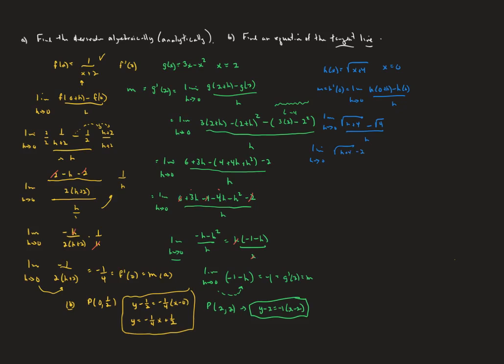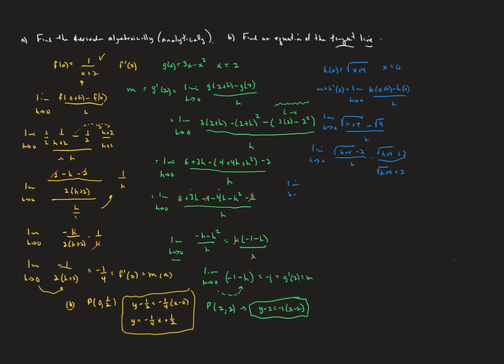Square root of 4 is 2 all over h. Well, the trick to doing this limit, if you recall, is going to be to rationalize the numerator. So we're going to multiply top and bottom by the conjugate of the numerator. So we're multiplying by 1 in a strange form.